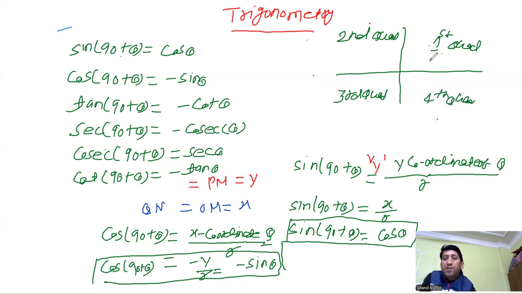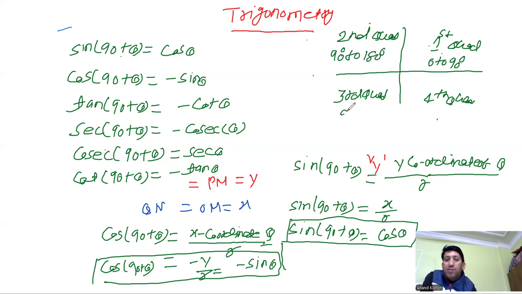See, in the first quadrant, all trigonometrical ratios are positive. In the first quadrant, the validity of the angle is 0 to 90 degrees, or we can say 0 to pi by 2. In the second quadrant, because the total angle is 180 and we jump to the second from here, it is 90 to 180.